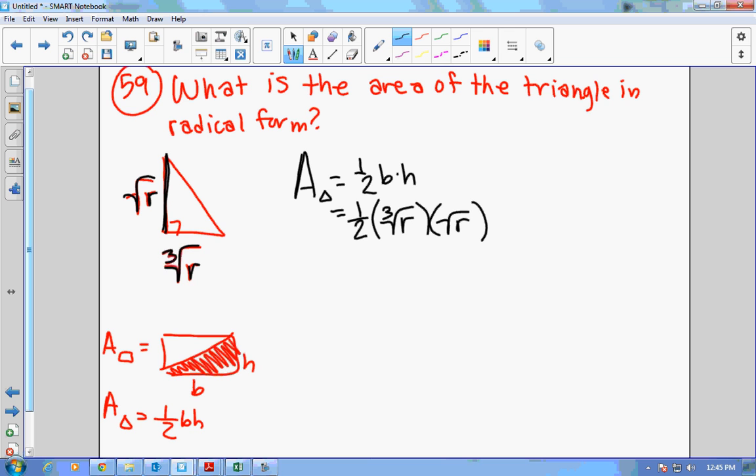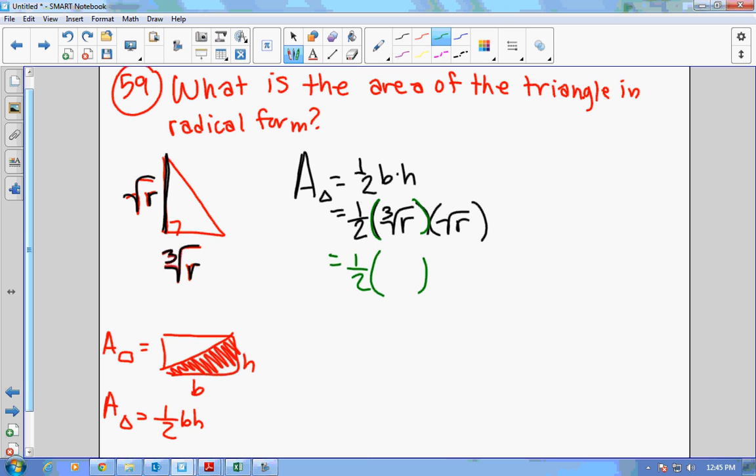Okay, and what this is testing your knowledge on is how to combine radicals. This guy has an index. Fingers in the air, what is the index on cubed root of r? Don't just look at my wavy hand up in the air, look at the problem. It's 3.